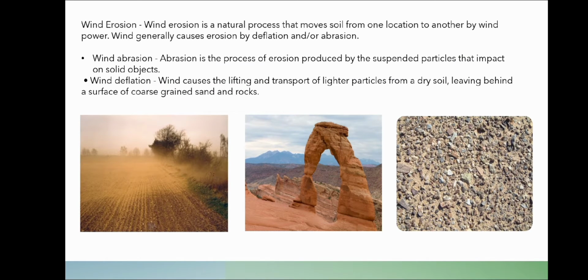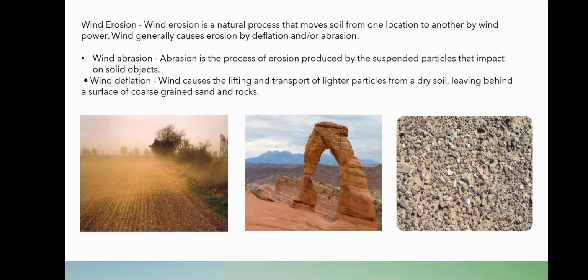Wind erosion is a natural process that moves soil from one location to another by wind power. So ang example ay yung first picture na nasa left part. Wind erosion can be caused by a light wind that rolls soil particles. Strong wind that lifts a large volume of soil particles into the air creates dust storms.